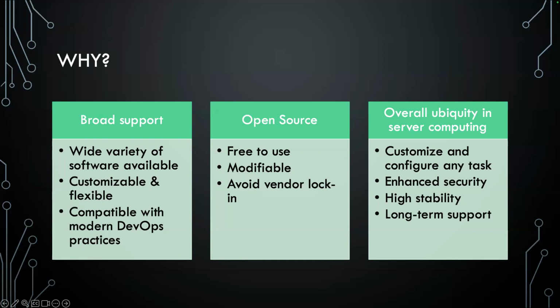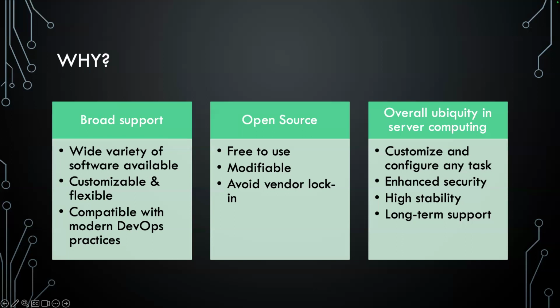So there's a huge amount of support for Linux. It's really customizable, it's really flexible. And it's really compatible with modern DevOps practices. We'll talk a lot about that when we talk about infrastructure as code and configuration, but it lends itself really well to having carbon copies of itself deployed in a lot of different ways. It's also open source.